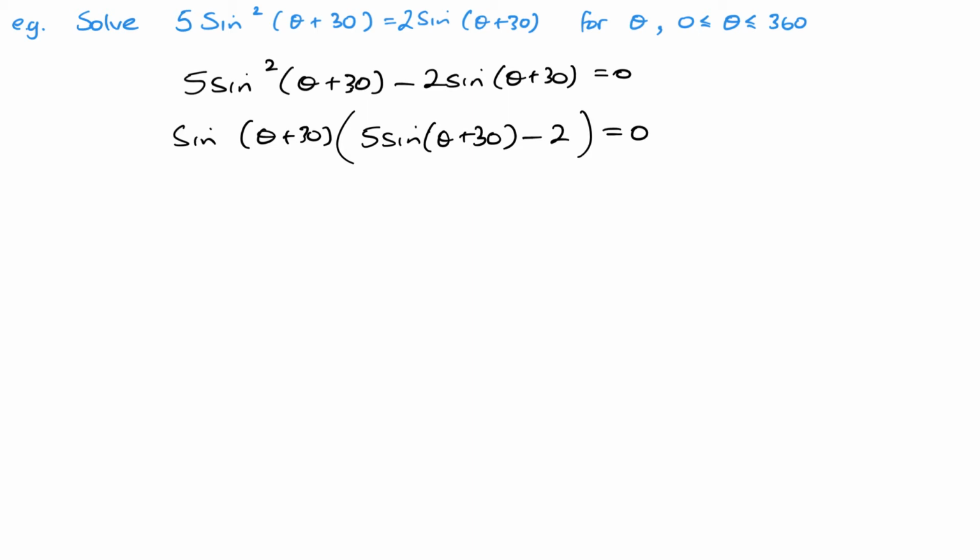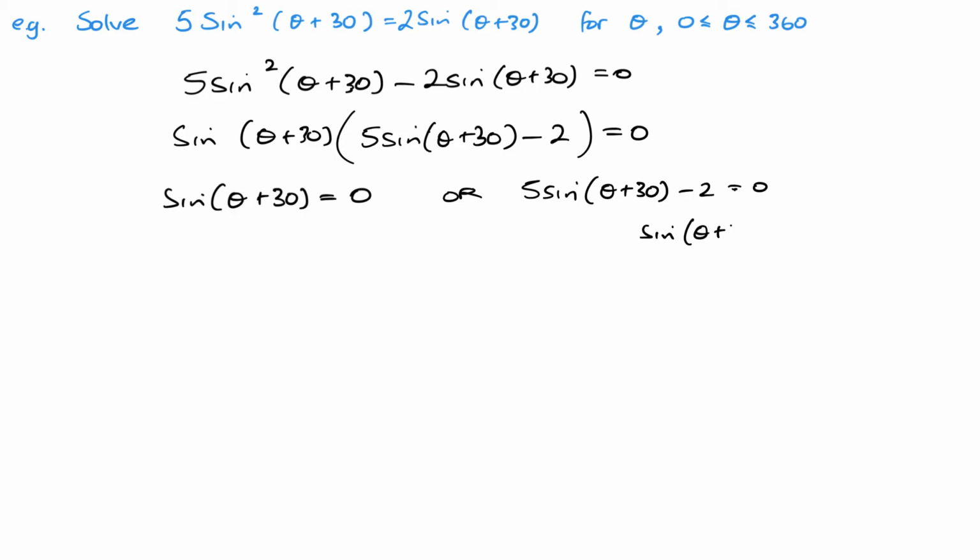Now that I've factorized, what I can say is that sine theta plus 30 equals 0, or 5 sine theta plus 30 minus 2 equals 0. So here we get sine theta plus 30 equals 2/5. This is what we were looking at a few minutes ago, but this is the set of solutions that I am missing.